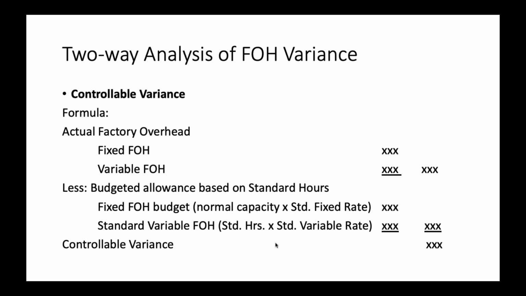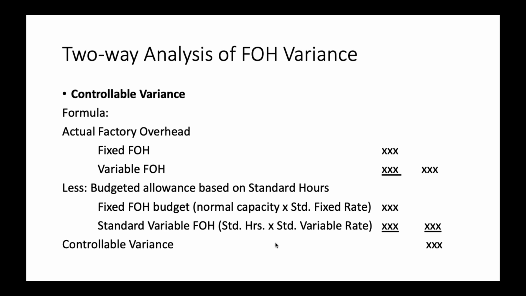Say, for example, the standard hours is 2 hours per unit, and we were able to produce, say, 6,000. So the standard variable factory overhead, 2 hours times 6,000, that's 12,000 hours, is different from the normal capacity of, say, 10,000.